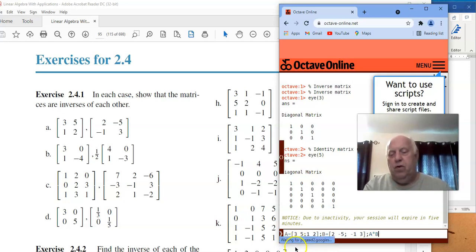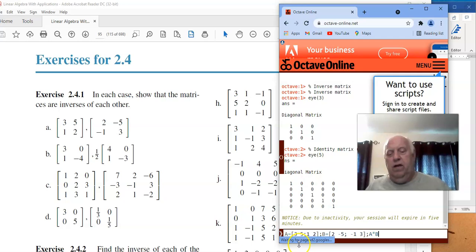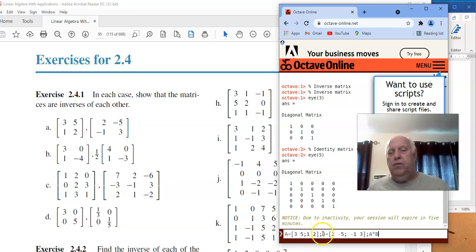Now remember how this works. In Octave Online, the way you put matrices in, you put them in row by row, put a semicolon between them. If you want to do multiple things on the same line, you put a semicolon and then you start doing the next thing you want to do.